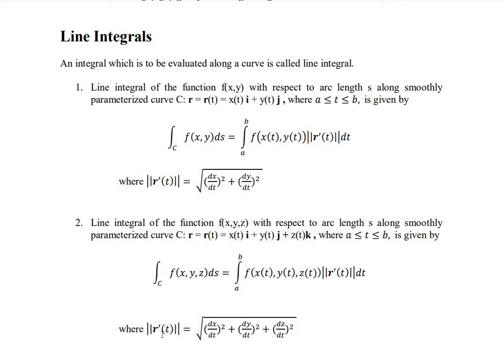So where norm vector r dash of t is equal to root of (dx by dt) the whole square plus (dy by dt) the whole square plus (dz by dt) the whole square.